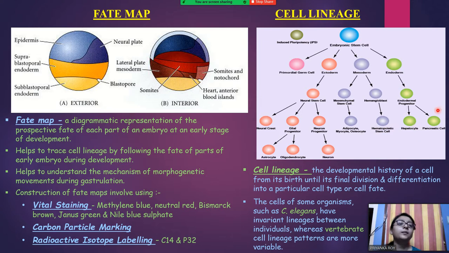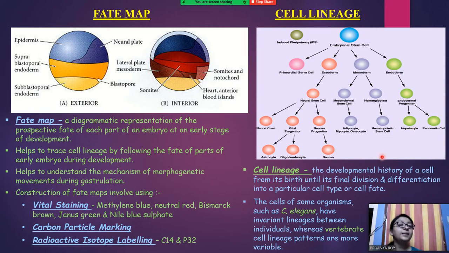These are terminally committed cells. They will not form anything else. So this entire pathway, from embryonic stem cell to endoderm to endodermal progenitor to a hepatocyte, is the lineage of a hepatocyte: the history starting from its birth to its ultimate fate.